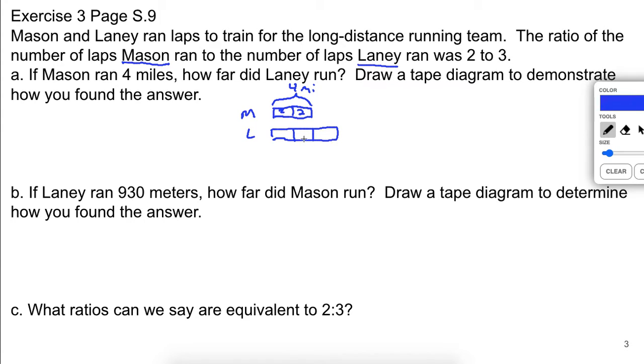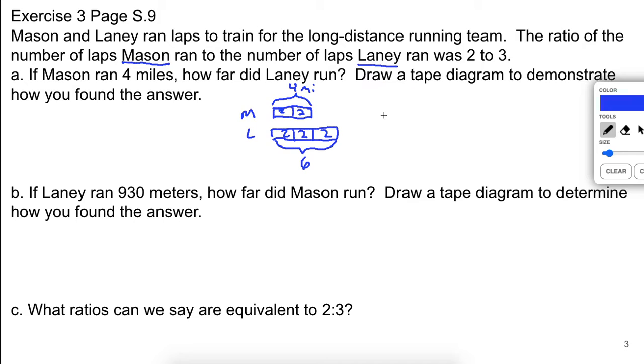Since each one of those is 2, and these are all the same pieces, that tells us this is 2. So we end up with this being 6. So we know that Laney ended up running 6. So that's using tape diagrams. We divided the 4 by the number of pieces, 2, and that gave us 2.